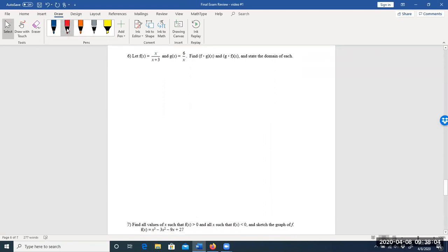So we are now looking at a couple of composite functions. So f circle g is also known as f of g of x. So this means we're going to plug the function g into f, and we're going to plug it in for both x's.